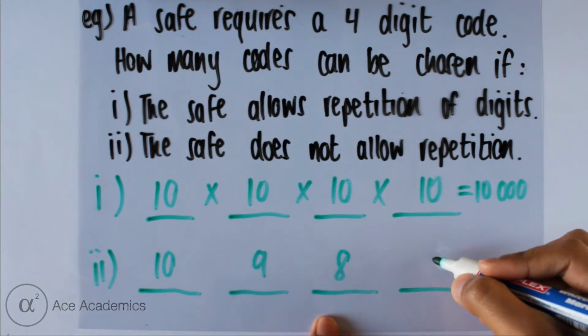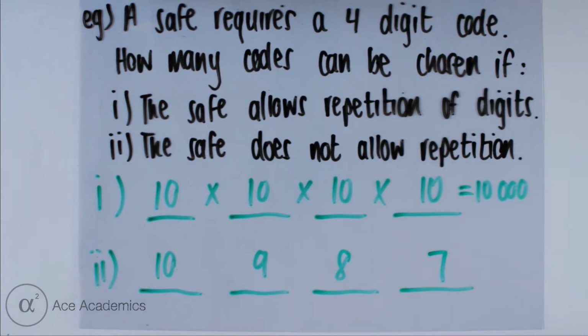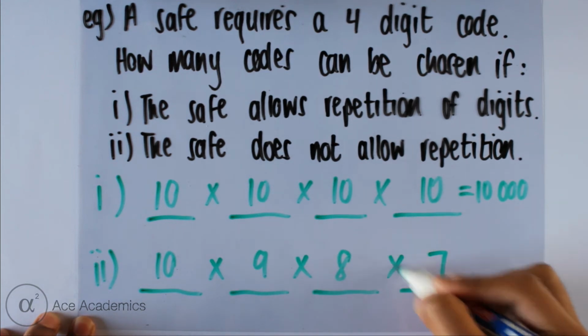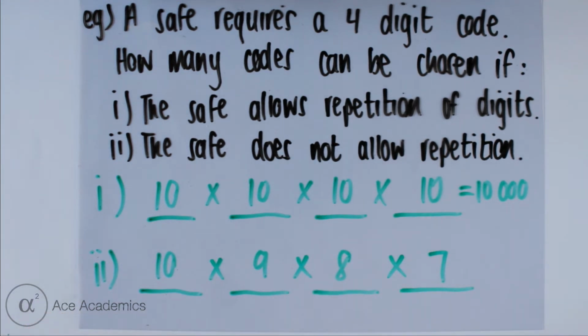And the fourth space, we can only use 7 digits. So our answer is simply 10 multiplied by 9 multiplied by 8 multiplied by 7. And that will give us the amount of combinations that can be made if the safe does not allow repetition of digits.